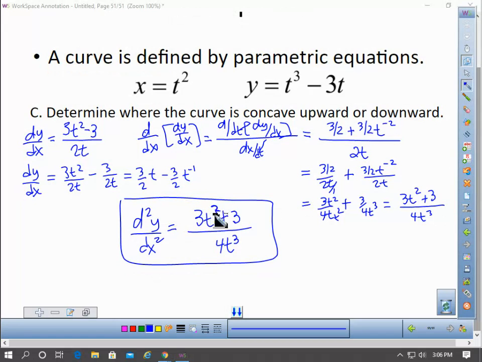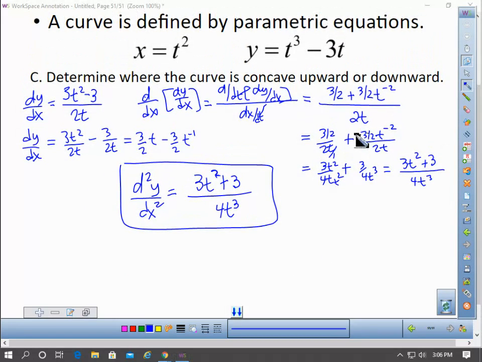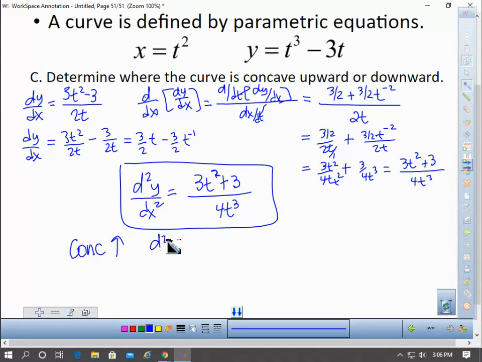Remember, your second derivative tells you about the concavity. Concave up is where your second derivative is greater than 0, and concave down is where your second derivative is less than 0.